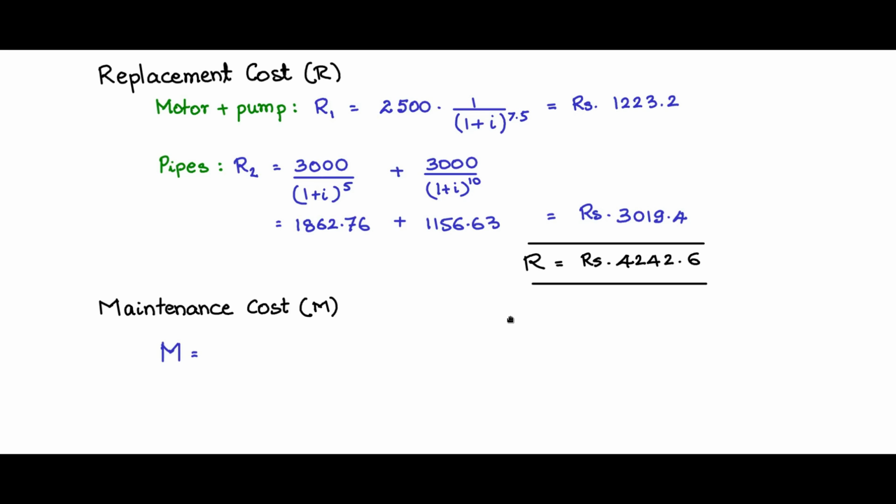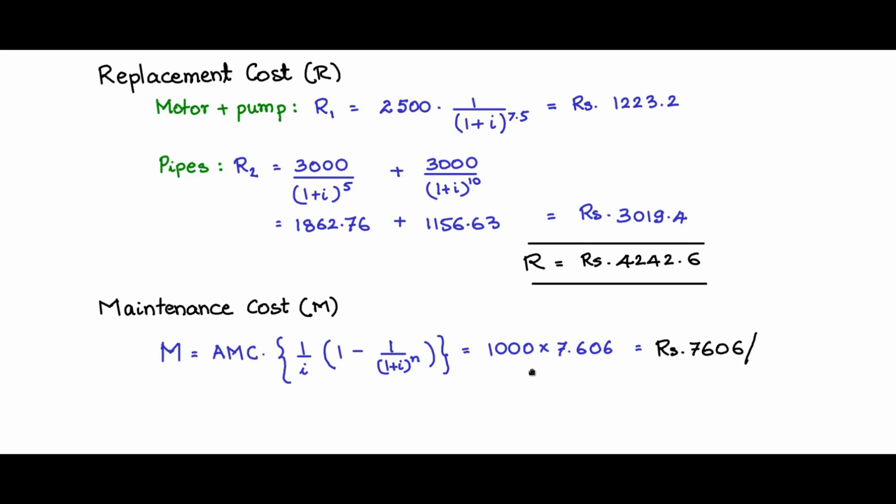So M is equal to AMC into 1 by I, 1 minus 1 by 1 plus I to the power of n, which is the present worth factor. So which is 1000 into present worth factor. If you substitute for I, 7.6 and n as 15. So 15 installments, distributed over 15 years, will give you rupees 7,606.